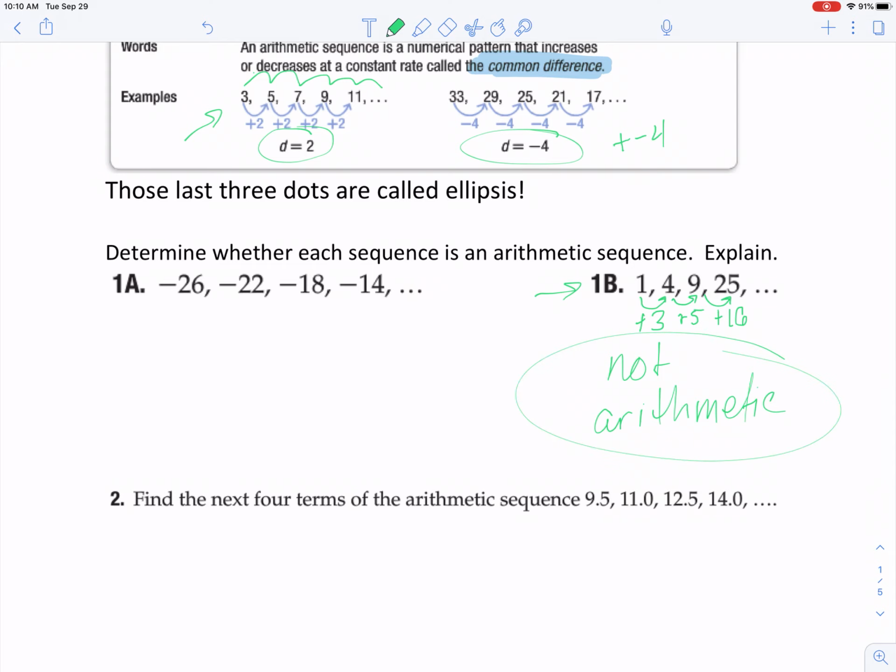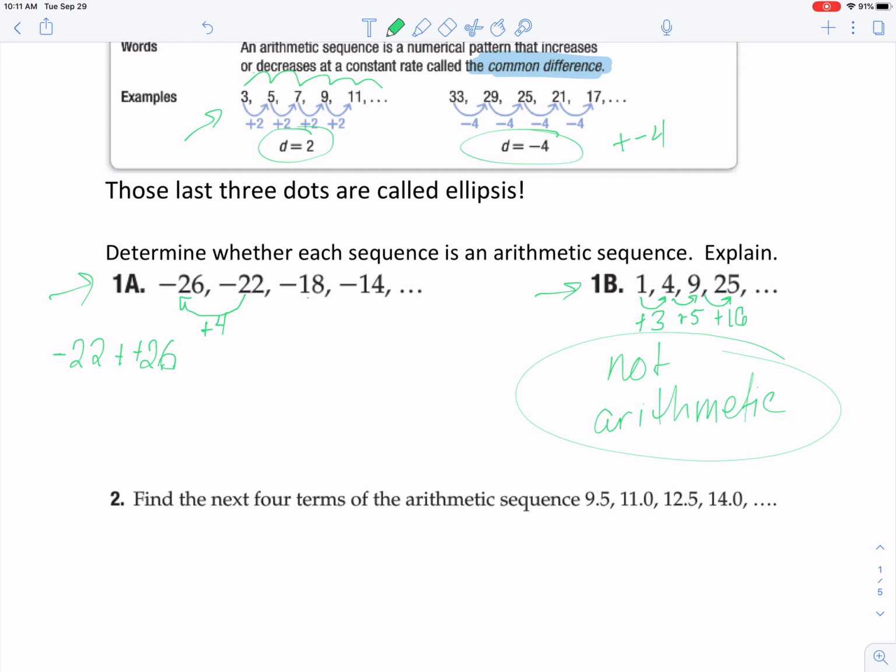Now when I look at 1A, sometimes those negative numbers can trip us up a little bit. So a trick that you can do is to actually take the next number and subtract the previous number. So negative 22 minus a negative 26. I have a double negative, so I'm going to fix that. And that looks like I actually would have been adding 4.